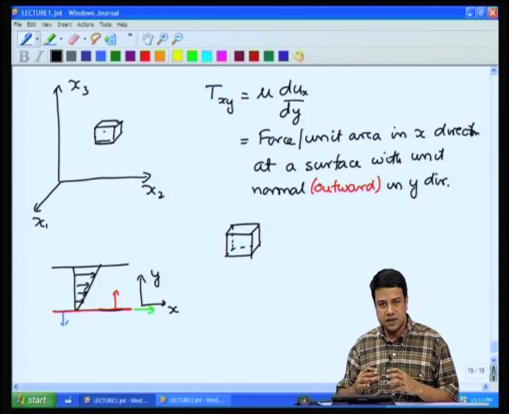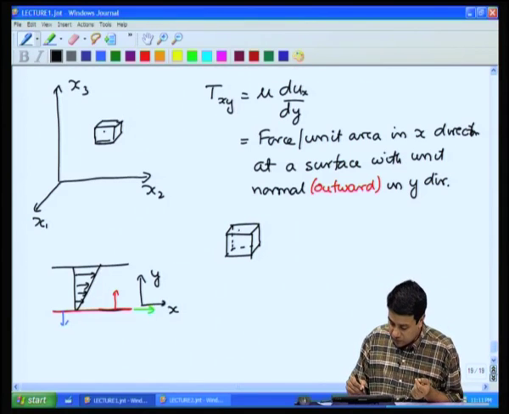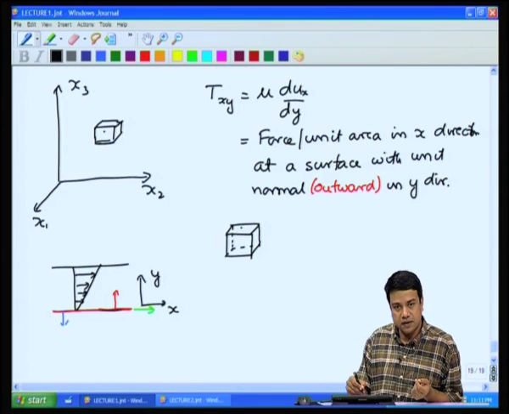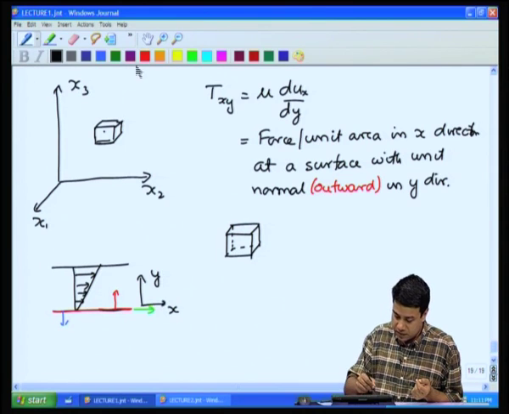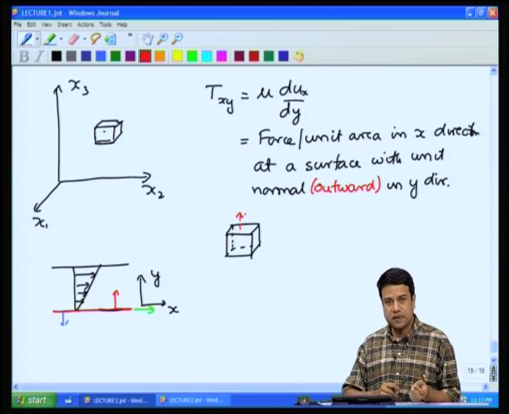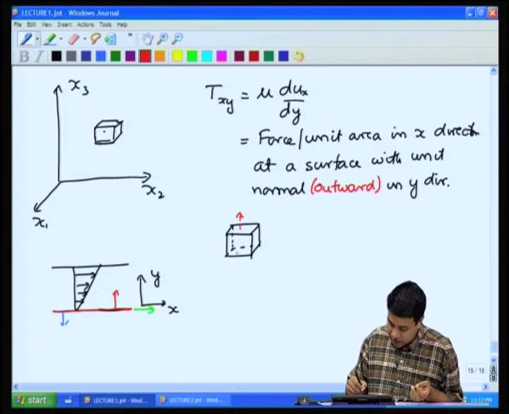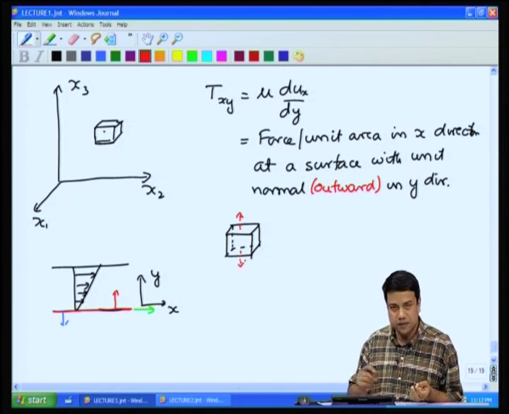This fluid element sitting inside the fluid has forces exerted on it in all directions. The force on the top surface: the top surface has a unit normal in the plus x3 direction. The bottom surface has a unit normal in the minus x3 direction.